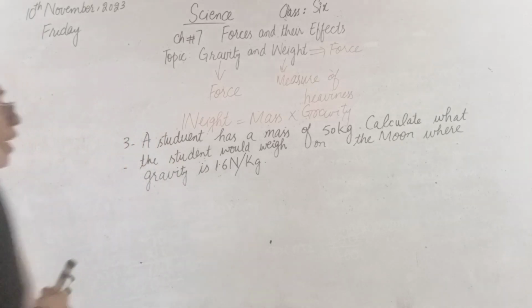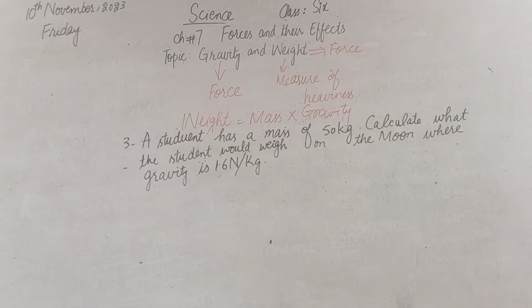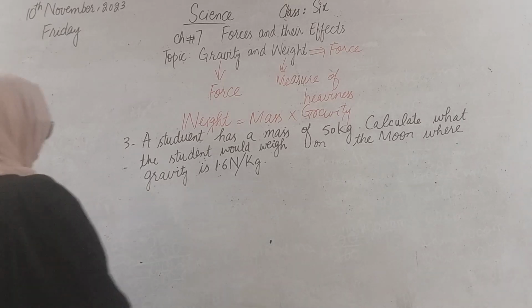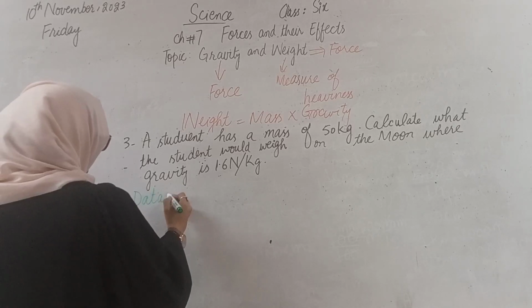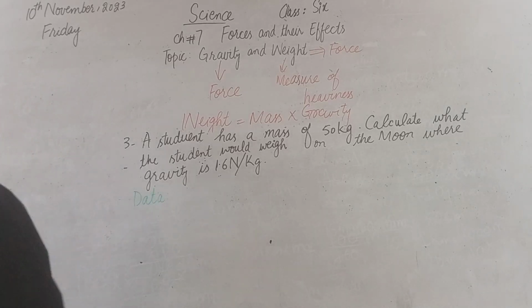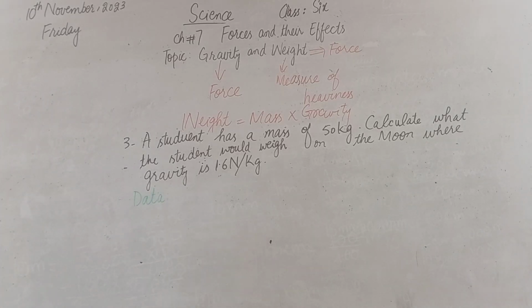You know that there is a particular format for the solution of numericals. We will first write the data, and in the data we will write the given and required things.